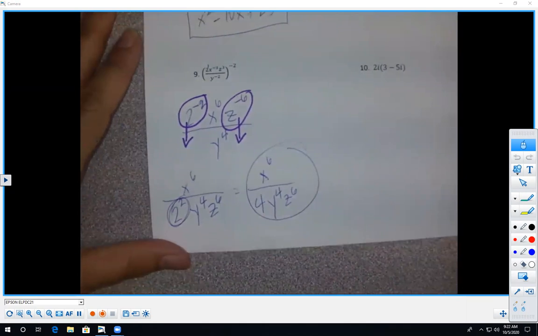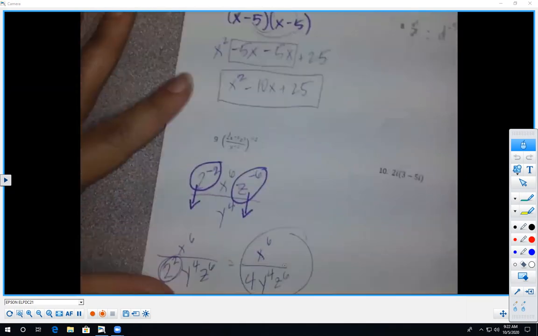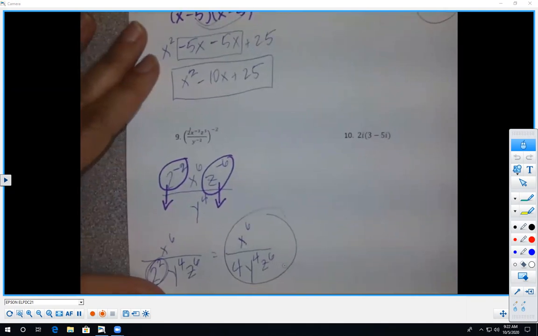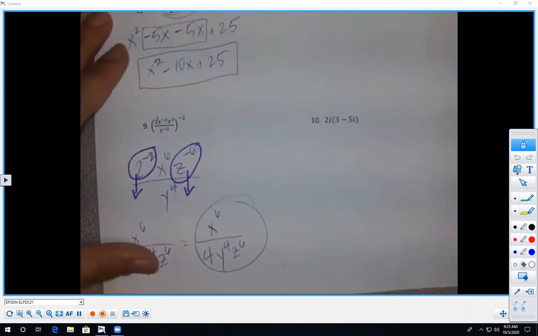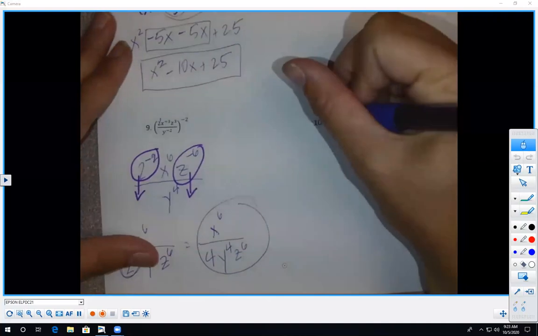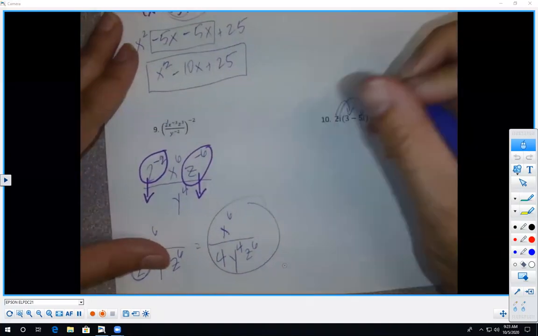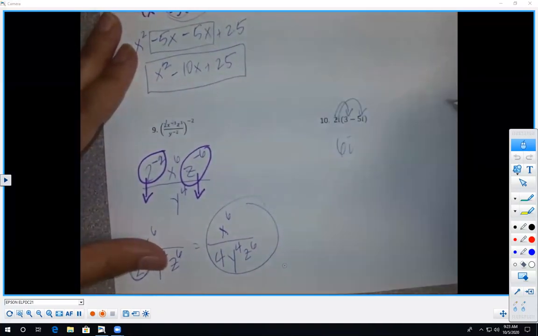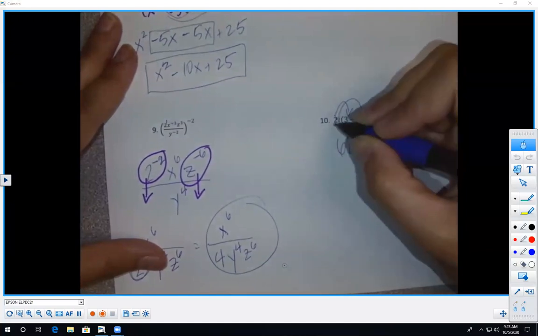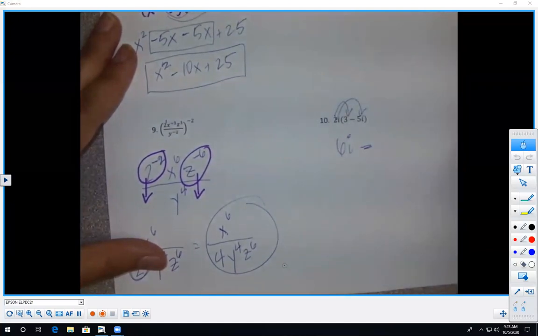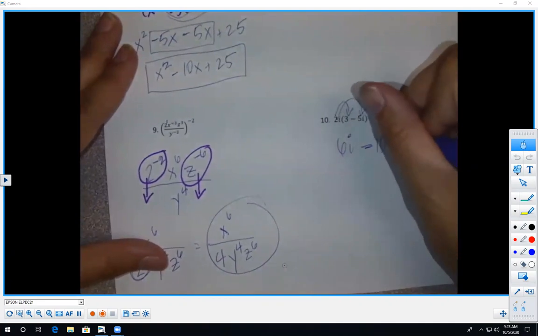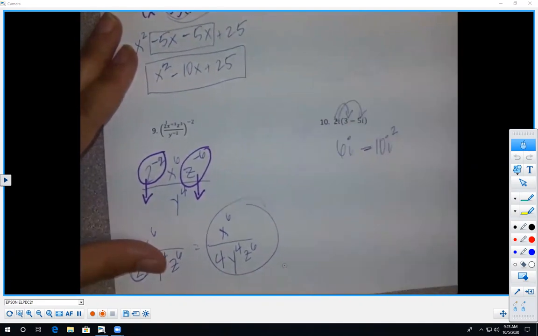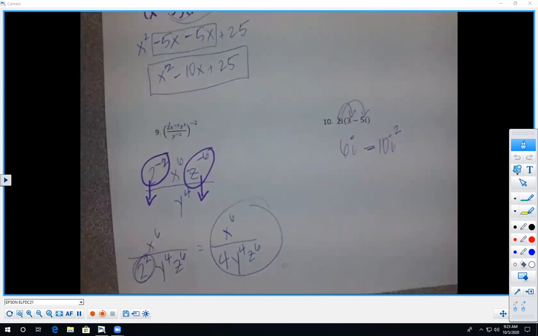Okay, look at number 10. Multiplying complex numbers. So I just treat the i kind of like I would an x, just distribute it. 2i times 3, it's going to be 6i, minus 2i times 5i, 10i squared, because i times i would be i squared.